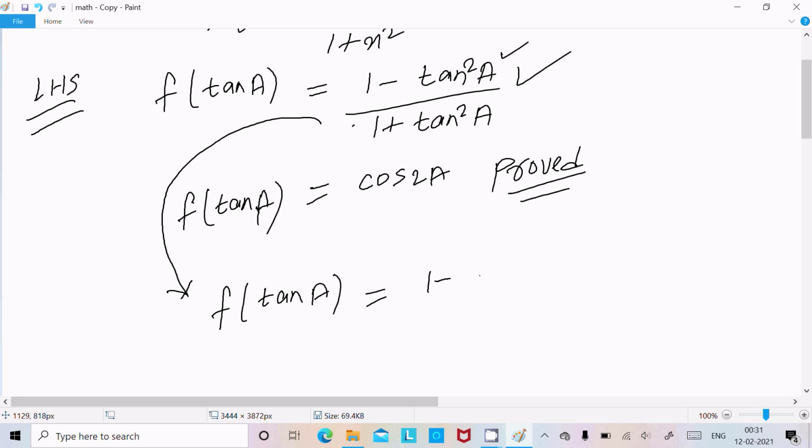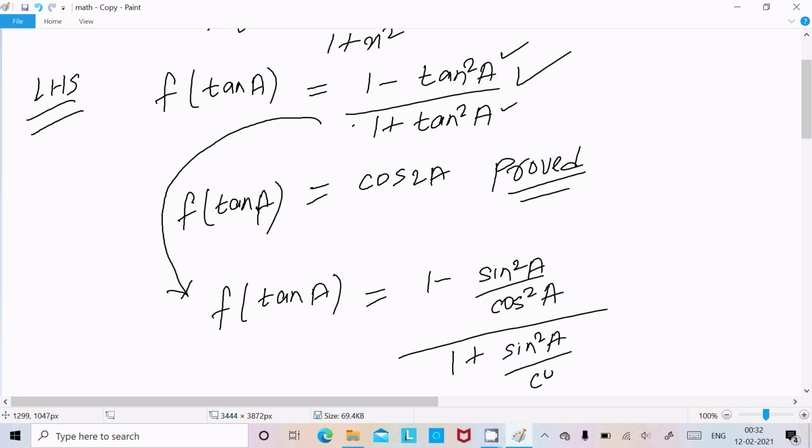So for tan we can write sin by cos. So we can write (1 - sin²A/cos²A)/(1 + sin²A/cos²A).